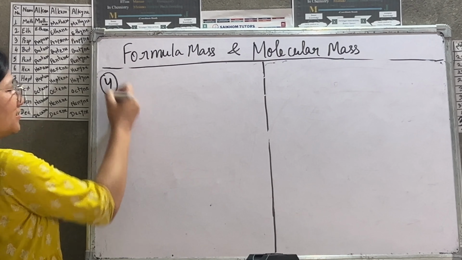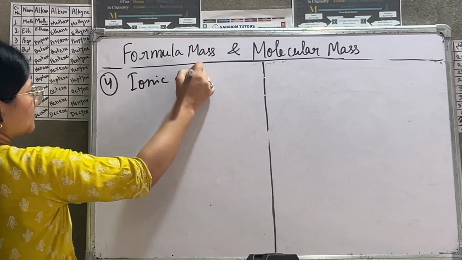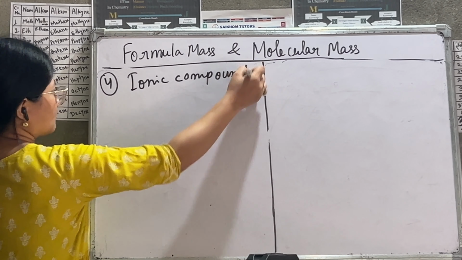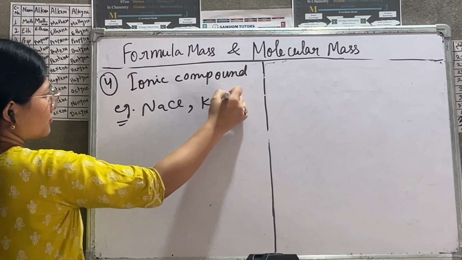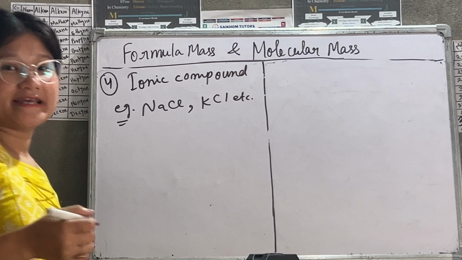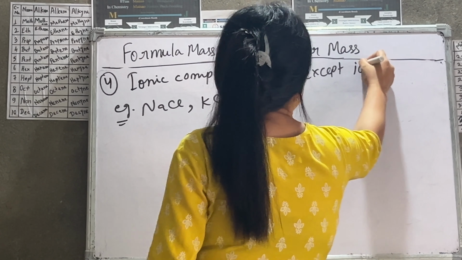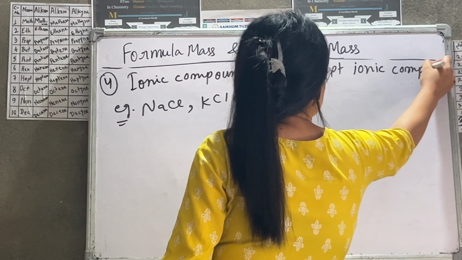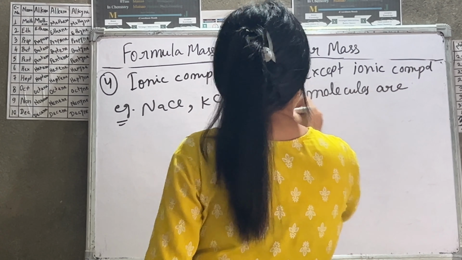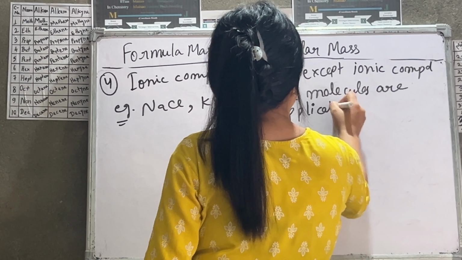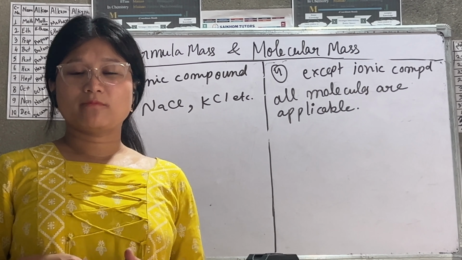The fourth point is that formula mass is applicable only for ionic compounds. Examples: sodium chloride, potassium chloride, etc. But the molecular formula, for all molecules except ionic compounds, is applicable.